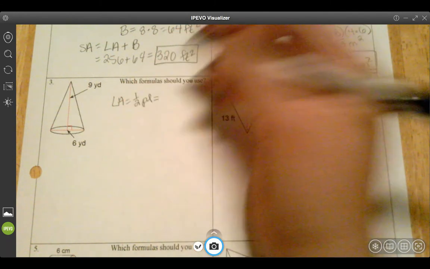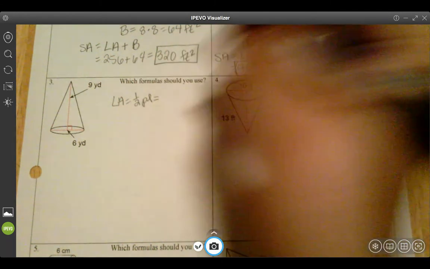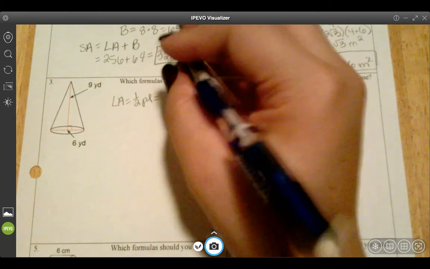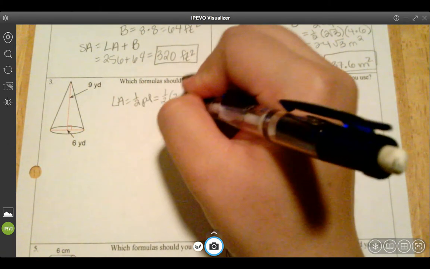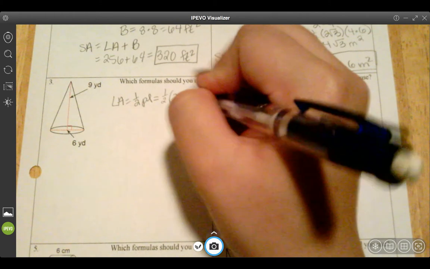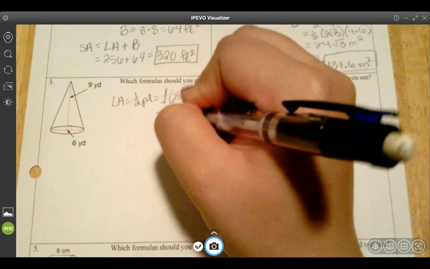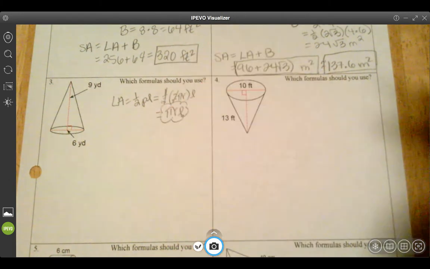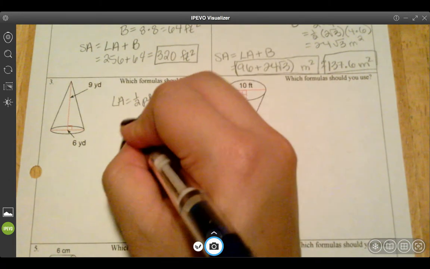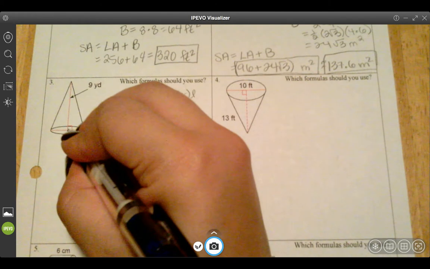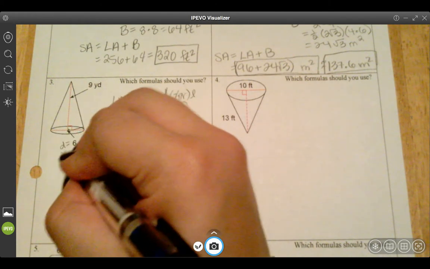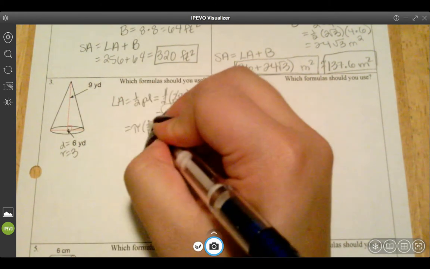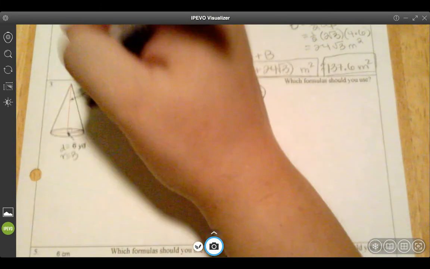But remember, this is the one that actually can be simplified because our perimeter is a circumference. 1/2 times 2 pi r times L cancels out. So pi r L is our shortcut formula for a cone. So that's pi times our radius, which is half of our diameter, so that is 3, times our lateral height, which we need to calculate.